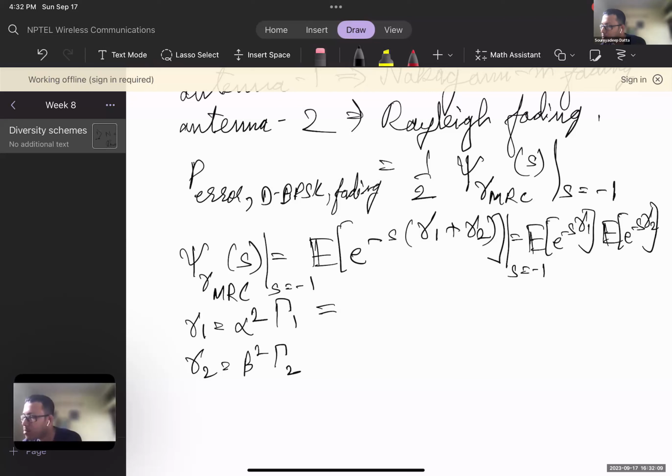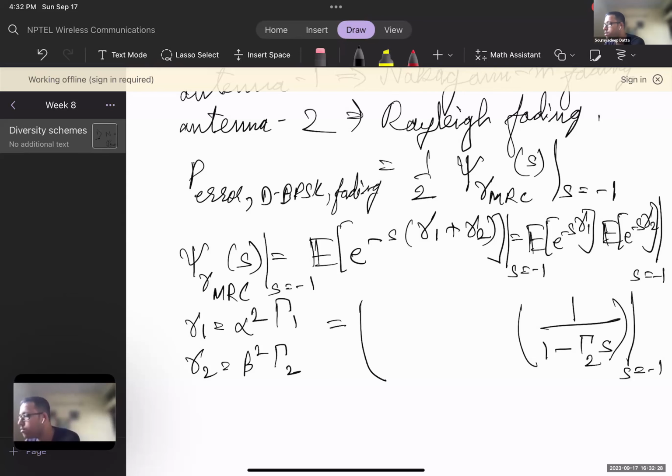So the second part is still the same for this Rayleigh. This is the formula at s equal to -1.